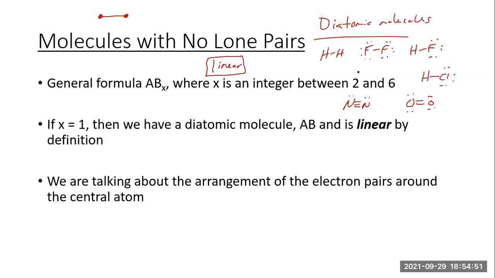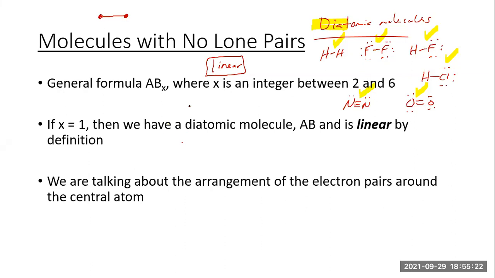As you can see here, every single one of these that I drew, the geometry would be linear. Doesn't matter if it's two the same, doesn't matter if it's two that are different, doesn't matter if it has a double bond or a triple bond. If there are just two atoms present, the geometry will always be linear. The only way to arrange them is in a straight line opposite of each other. Any questions on that one?